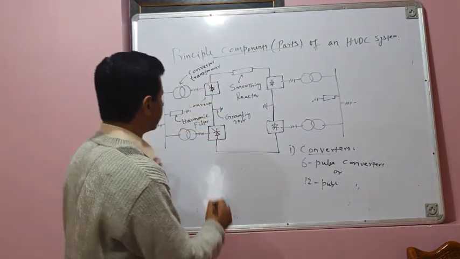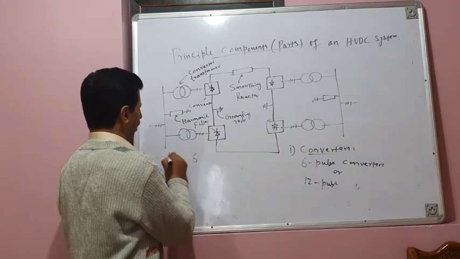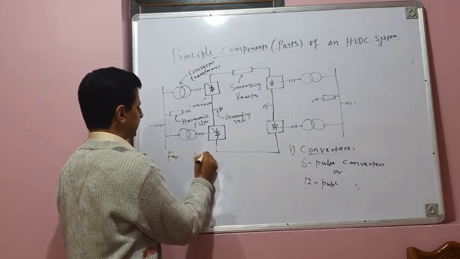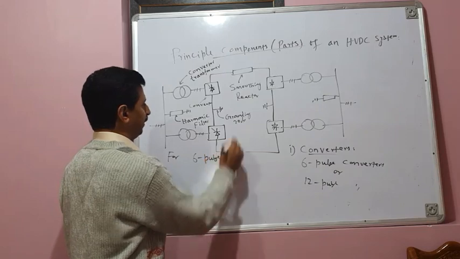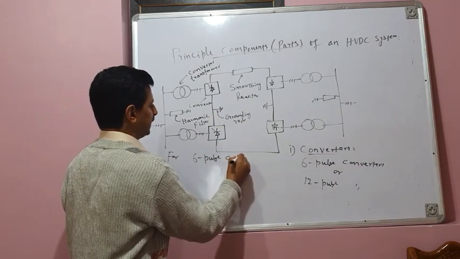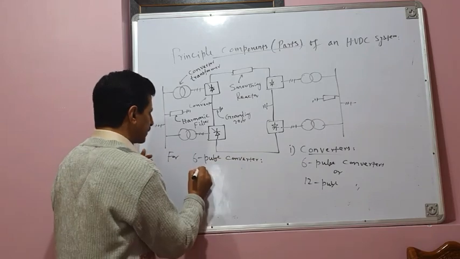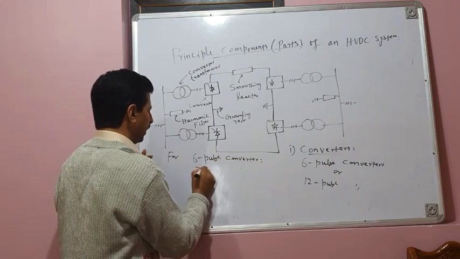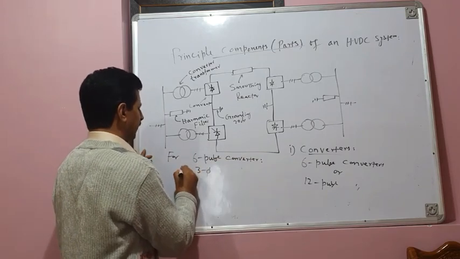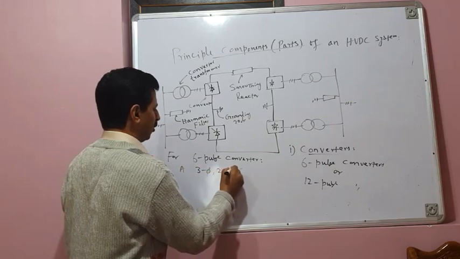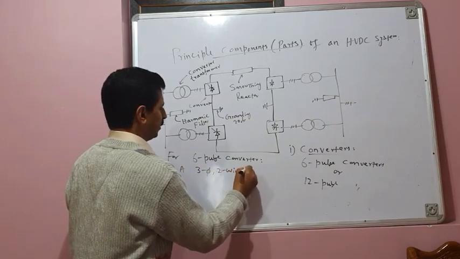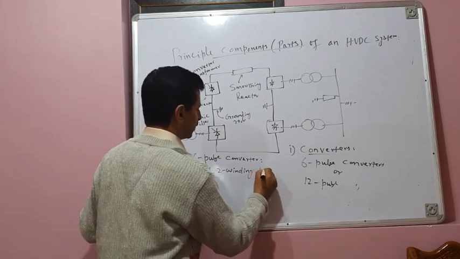So if your converters on both sides are 6 pulse converters, you use 3-phase 2-winding transformer on both sides.